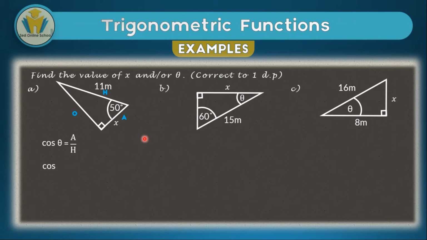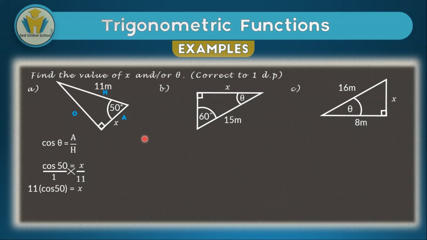Therefore, cos 50 is equal to x divided by 11. We're going to divide the left side by 1 because we know 1 won't change anything in this situation. And now we have fractions on both sides. Therefore, we can cross multiply and we can have 11 multiplied by cos 50 is equal to x.